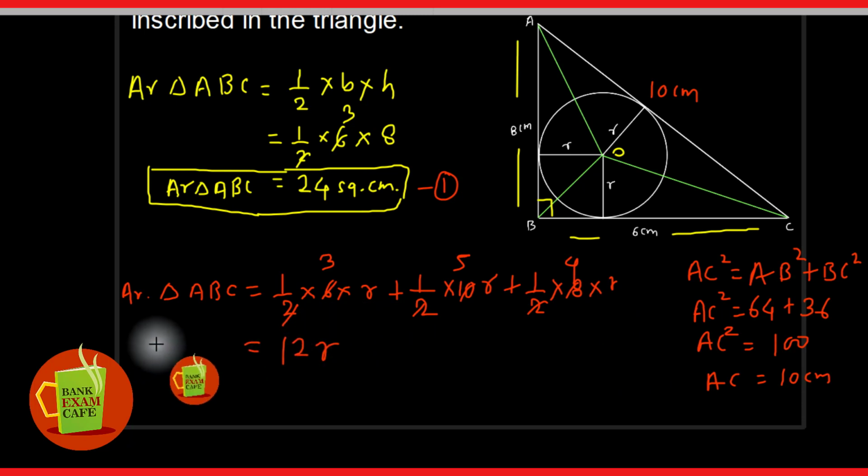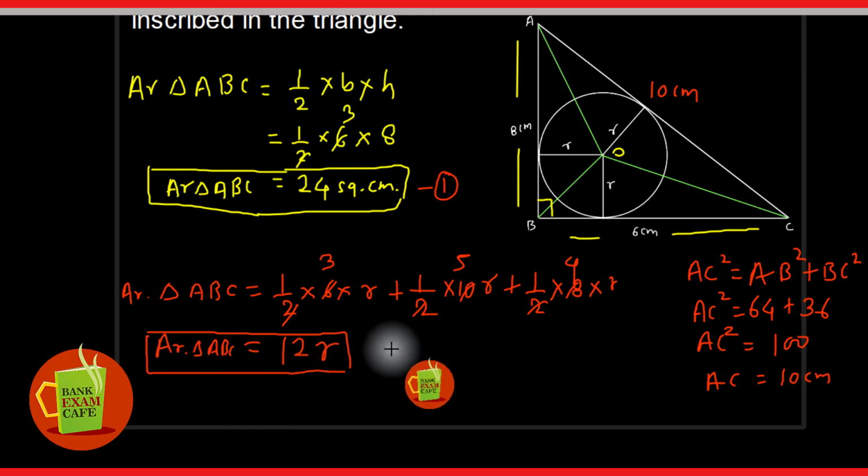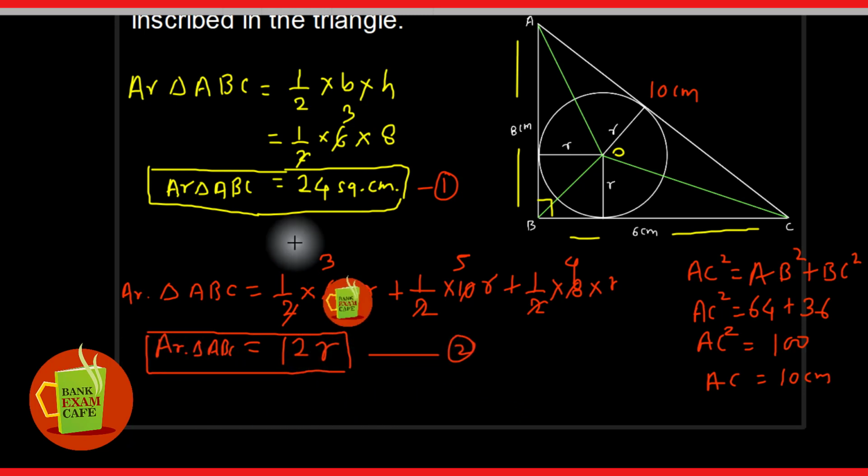So area of triangle ABC is equal to 12R. This is another important step, highlight this, and give it a number as 2.